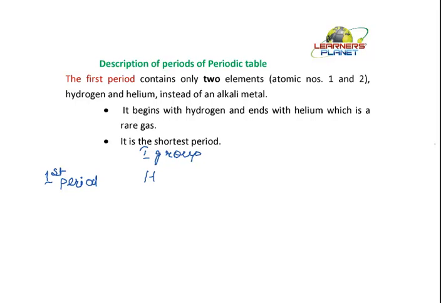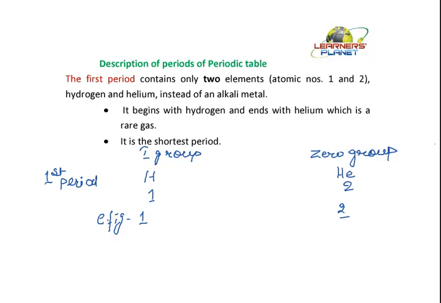So it consists of only two elements, hydrogen and helium. Now what are the atomic numbers? It is 1 and 2. So what will be their configuration, students? If I write the electronic configuration, it would be 1 here and 2 here.